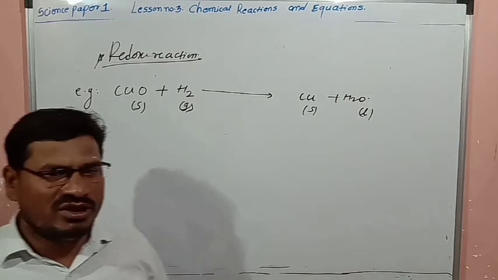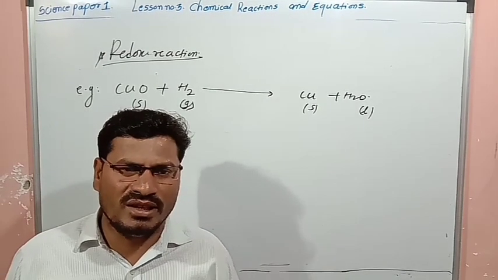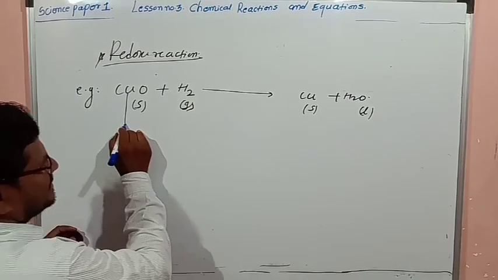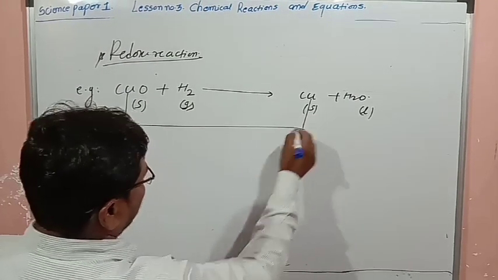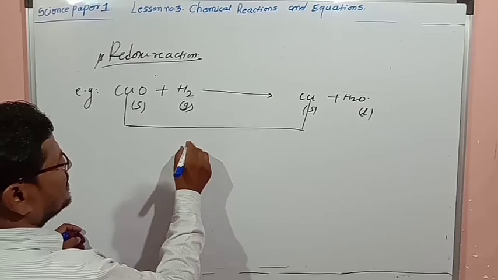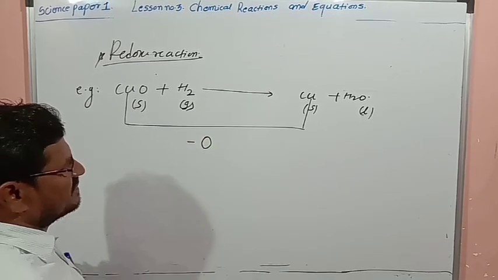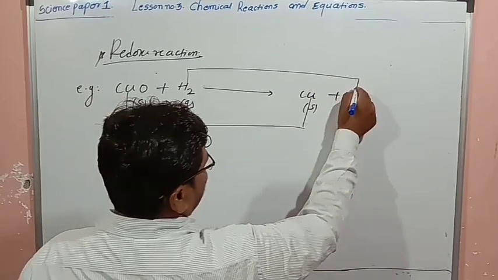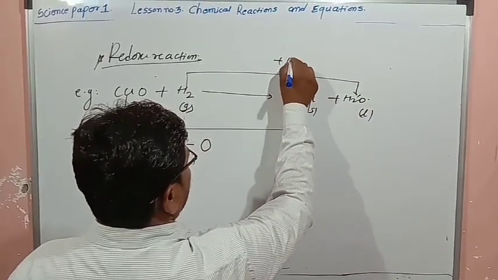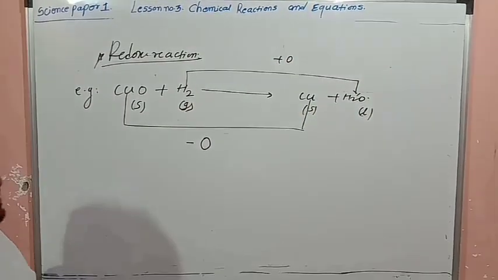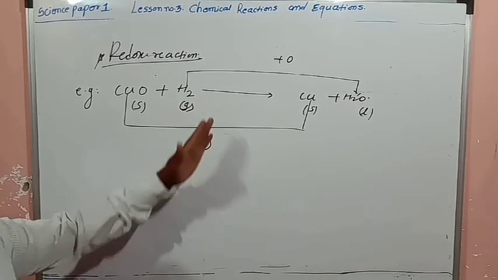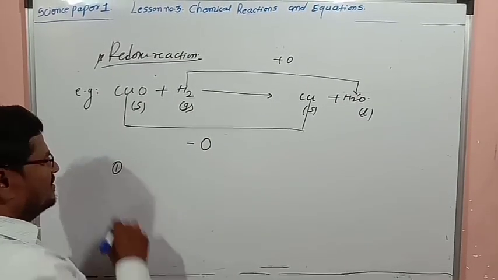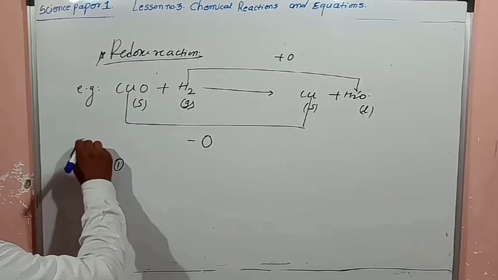If you observe this chemical reaction carefully, then you will understand. In this reaction, from this side O is removed, and in this one O is added. So here two reactions are there. From these, two facts emerge. Which facts? That we will study here.